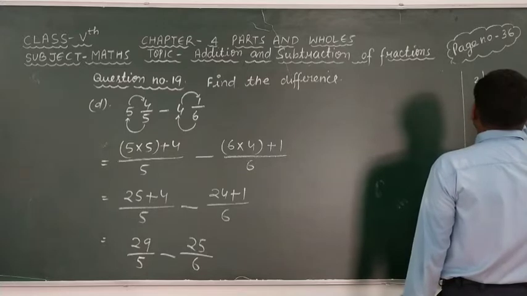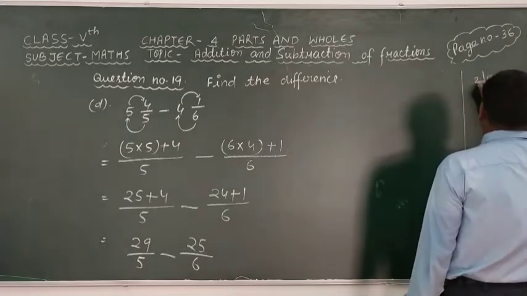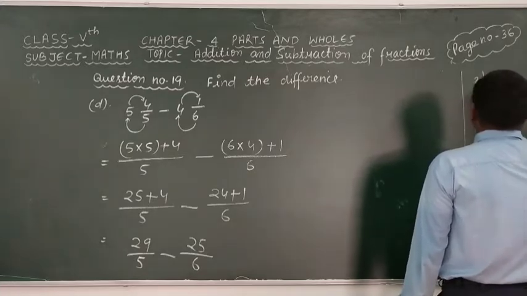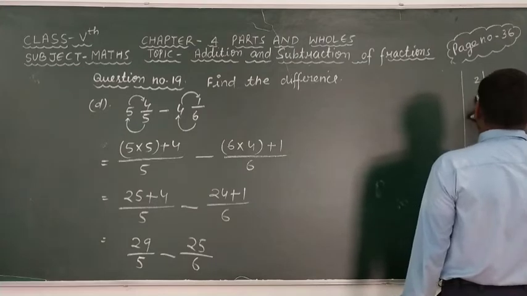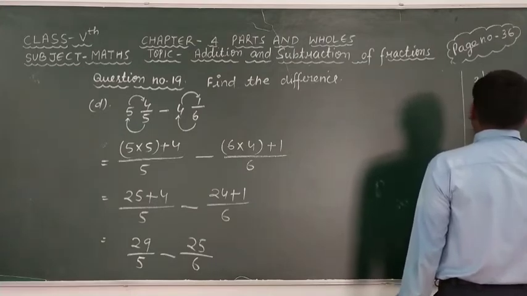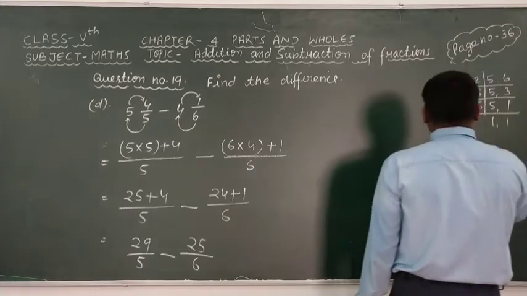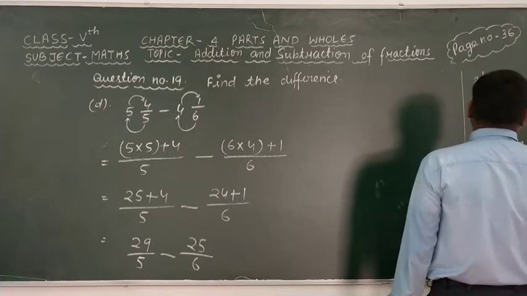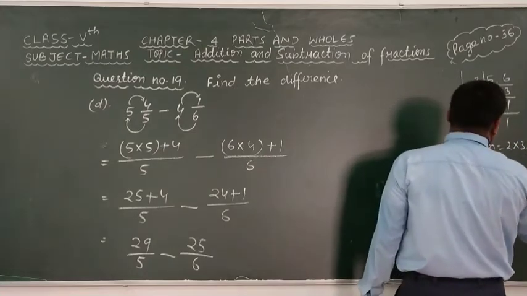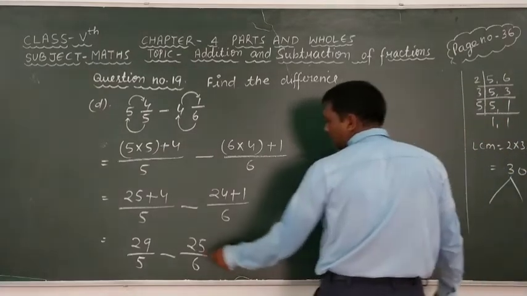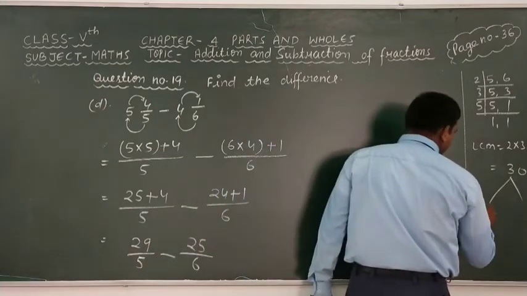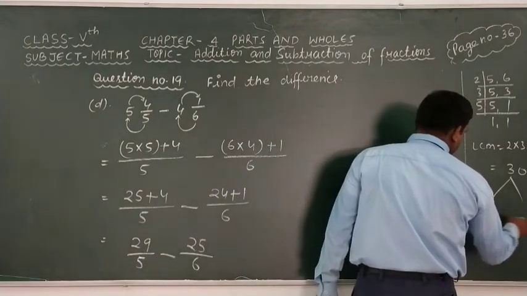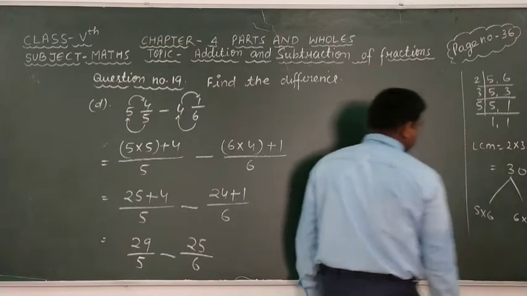5 is not divisible by 2, therefore we can take 5 as same. 2 3s are 6. 5 is not divisible by 3, therefore we can take 5 as same. 3 1 is 3 and 5 1 is 5. Okay, then LCM is equal to 2 into 3 into 5. 2 3s are 6, 6 5s are 30. We know that 5 6 is 30 and 6 5 is 30.